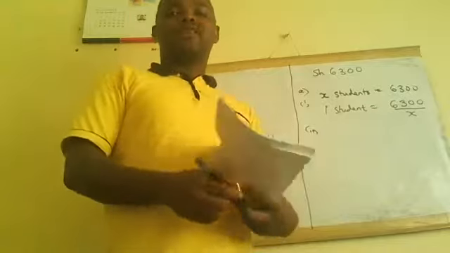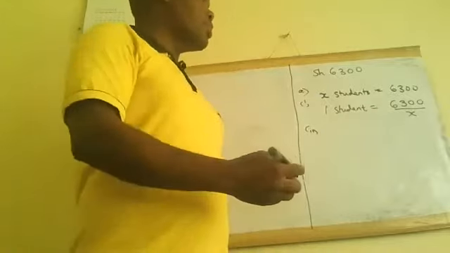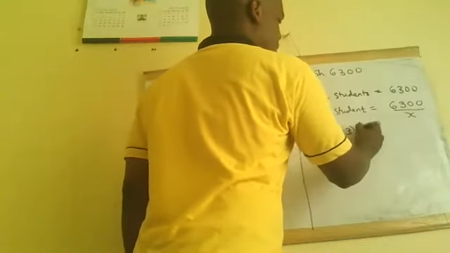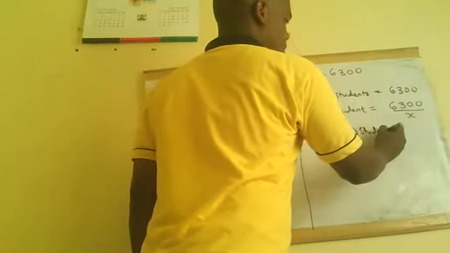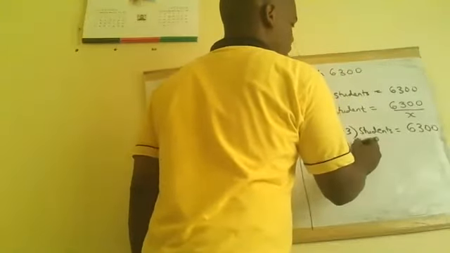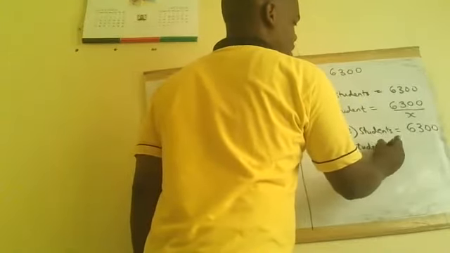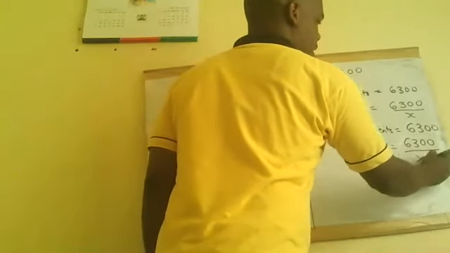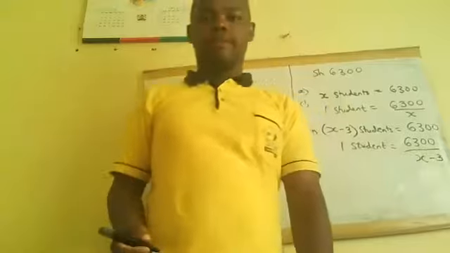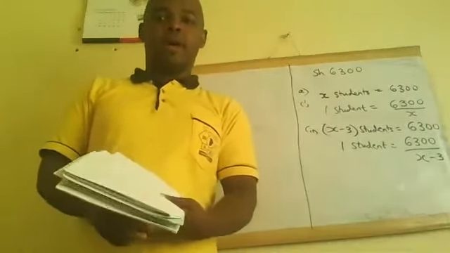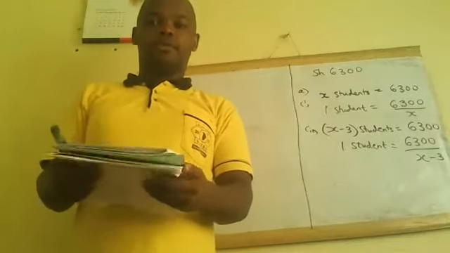So X minus 3 students are supposed to contribute the 6,300. So what about one student? In this case, I'll be having 6,300 over X minus 3.